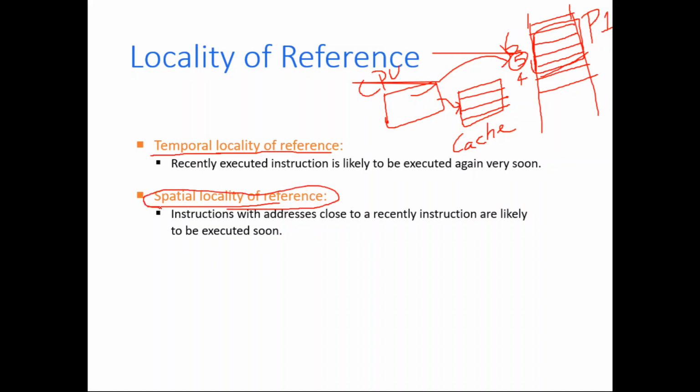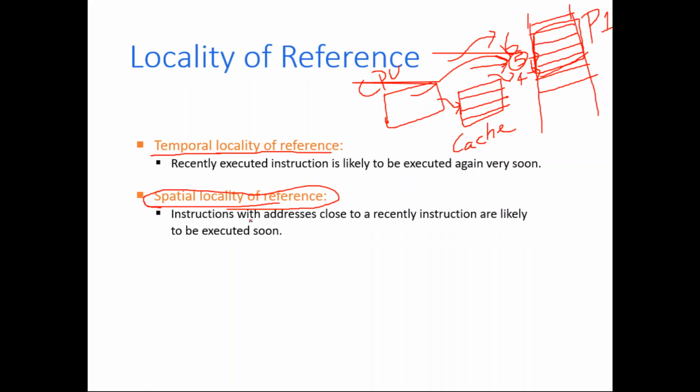It means word 5 and word 4 are close in terms of space, placed adjacent to each other. If the processor has currently accessed one particular word, then it is highly likely that it will access the neighboring words also. This concept is called spatial locality.